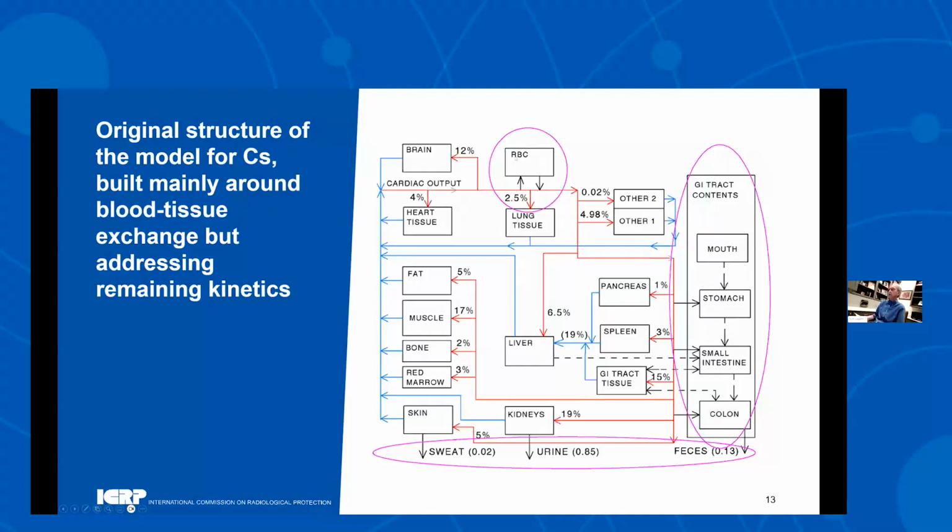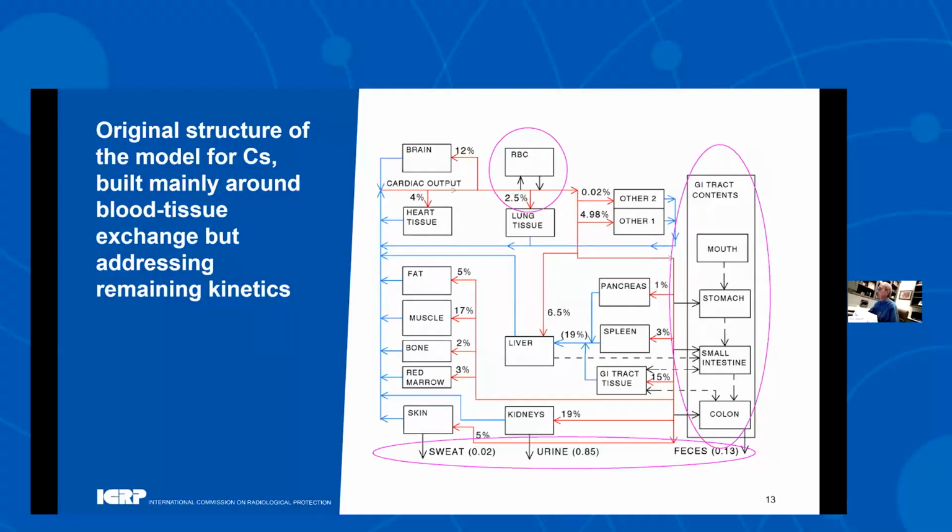The amount going to RBC cannot be described in terms of cardiac output. And on the bottom, these are excretion pathways. The amount lost in sweat, urine, or feces has to be estimated by other means. It doesn't fit into the blood flow modeling pattern.